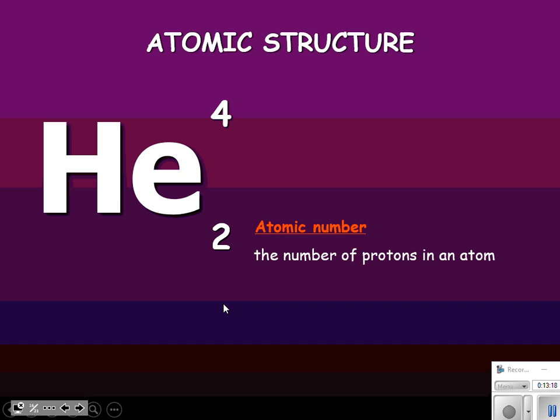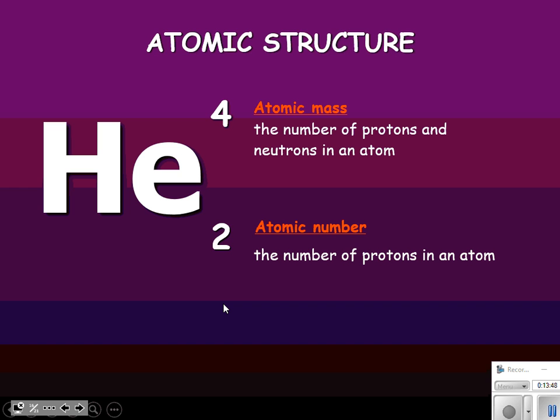If you look up at your periodic table, oxygen has an atomic number of 8, so that means that oxygen has 8 protons. If you look at iron, iron has an atomic number of 26, so iron has 26 protons. Up at the top, the 4 is the atomic mass.